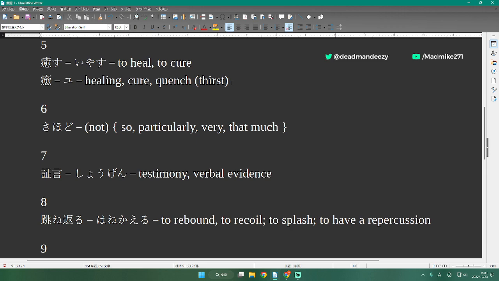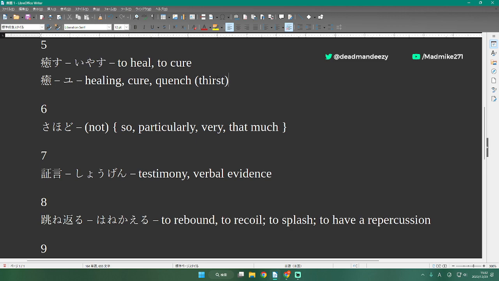Iyasu is to heal, cure, or quench a thirst. Iyasu, heal or cure. Iyasu is to heal or cure.